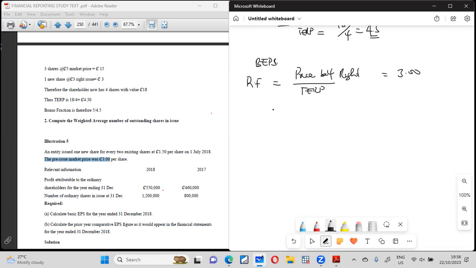Now, what about the TERP? Help me get the TERP. What is the number of shares that is existing? What is the price? What is the amount? The new one that is coming in, what is the price? What is the amount? The total for us to get our TERP. So the existing, we have 2 existing at 3 cedis. That gives us 6.